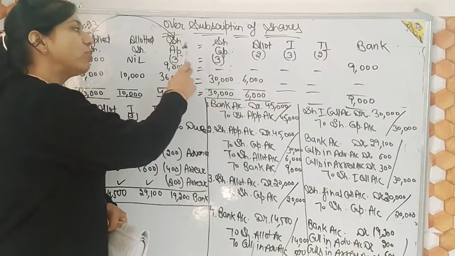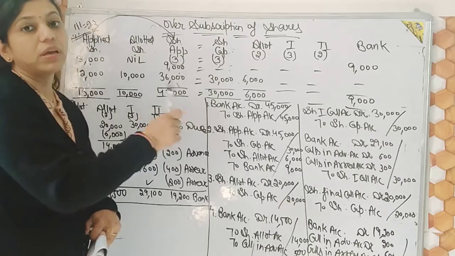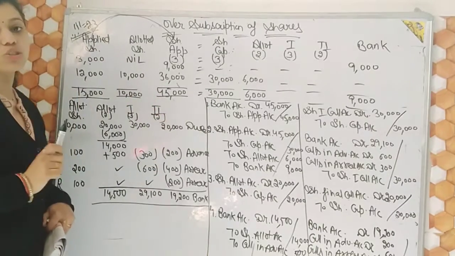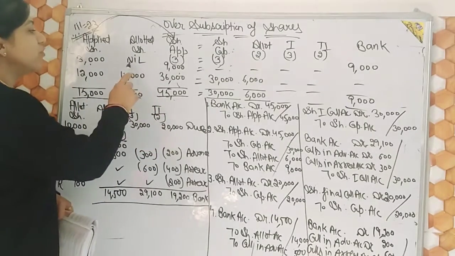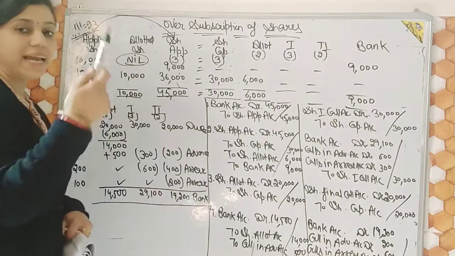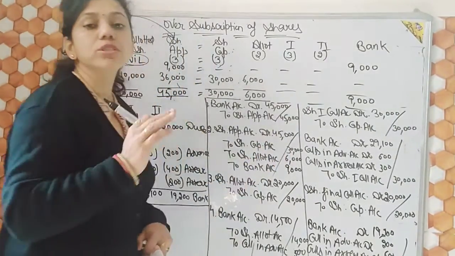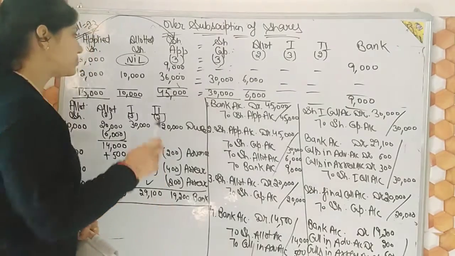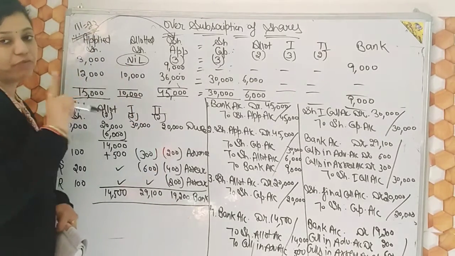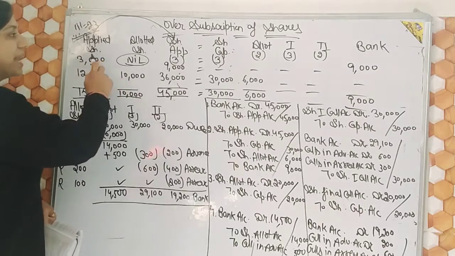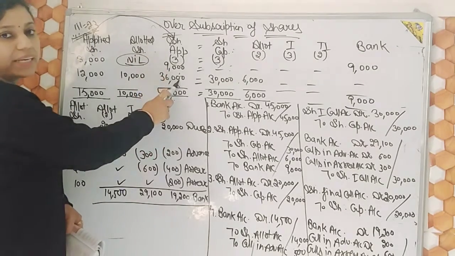The amount will be the same as application because this is a case of oversubscription. And if there is nil share, then at last you have to make a column of bank, to whom money has been returned.